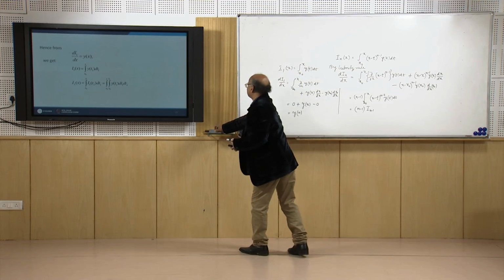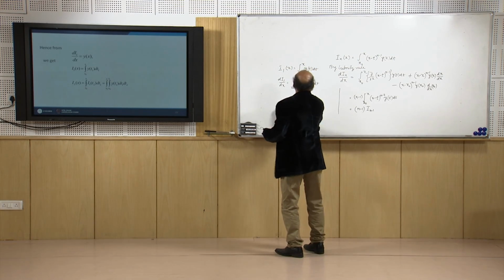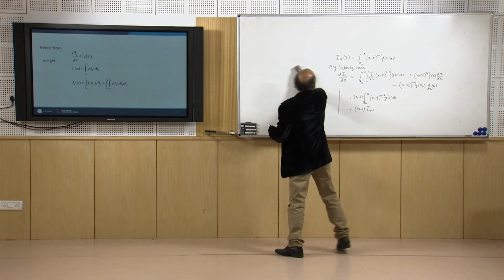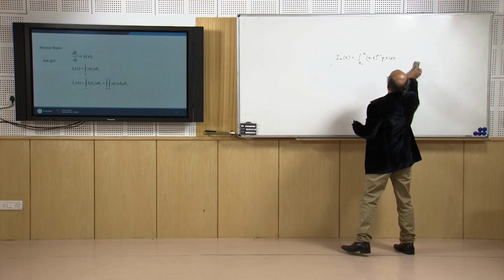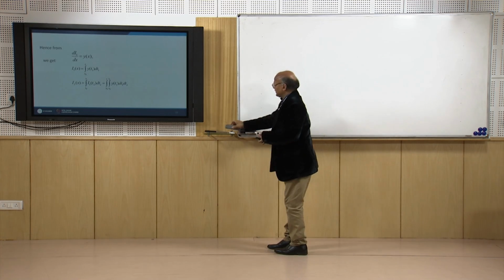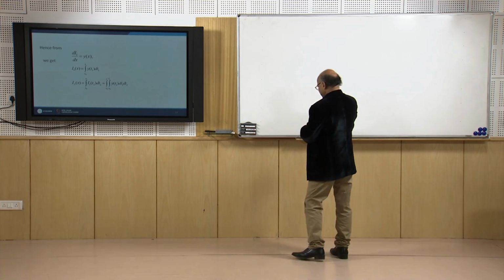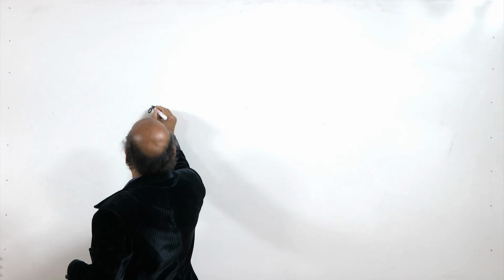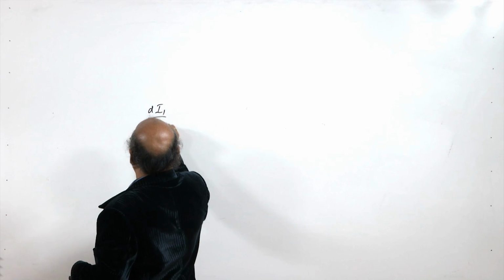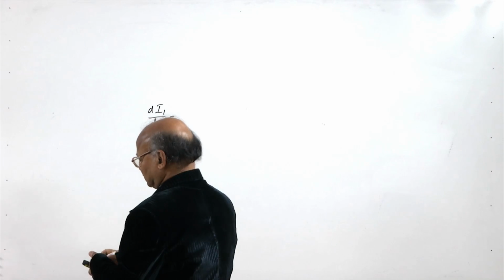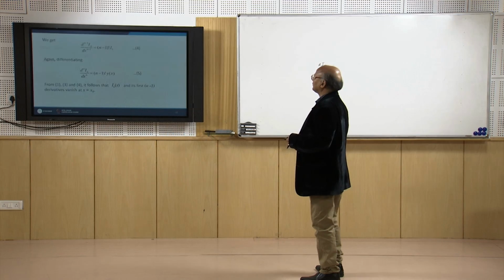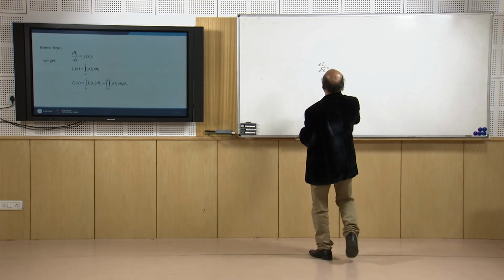So, we can also see it like this. We have dI_1 over dx equal to f(x).